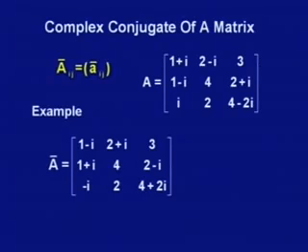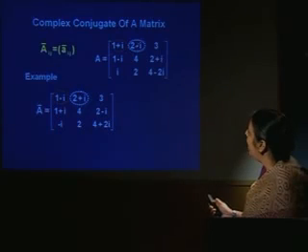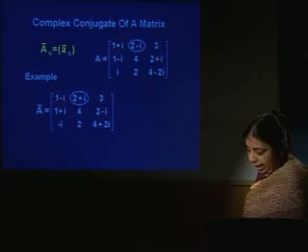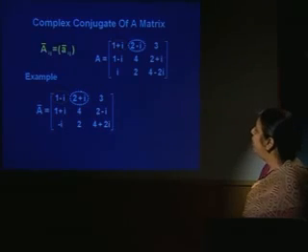You may notice that 1 plus i is the first element in the first row, and 1 minus i is its complex conjugate, appearing in the first row, first column. For 2 minus i, its complex conjugate is 2 plus i. Conjugate means the imaginary part is multiplied by minus 1, and this is true for each and every element.